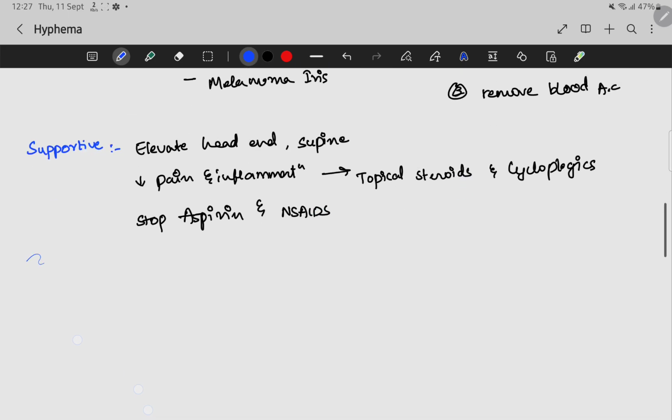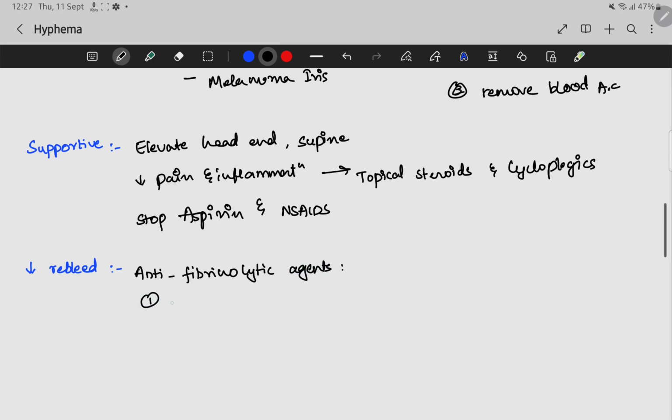So then to reduce the chances of rebleeding, we have to give anti-fibrinolytic agents, in which we have aminocaproic acid, ACA, and we have tranexamic acid.